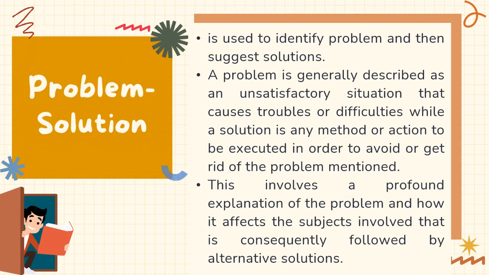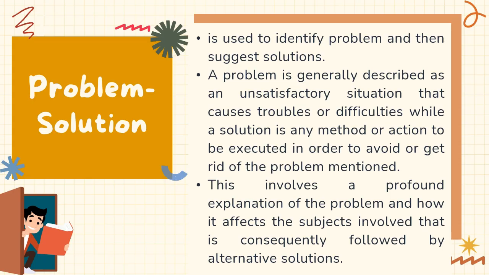Now, the last pattern we have is the problem solution. It is used to identify a problem and then suggest solutions. A problem is generally described as an unsatisfactory situation that causes troubles or difficulties, while a solution is any method or action to be executed in order to avoid or get rid of the problem mentioned.